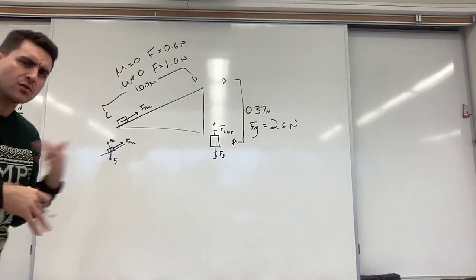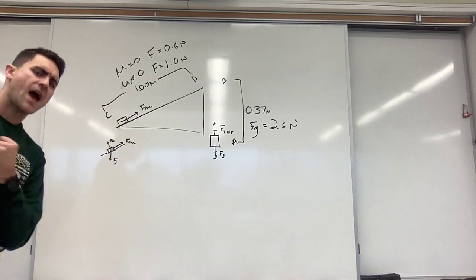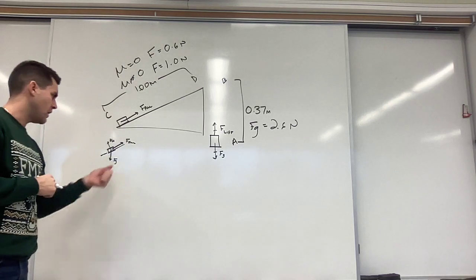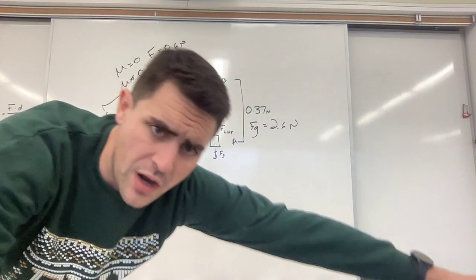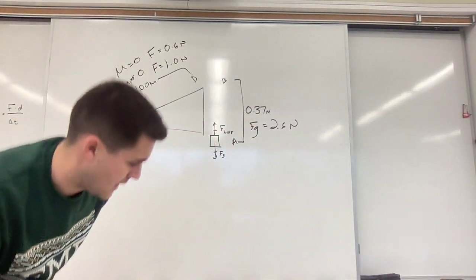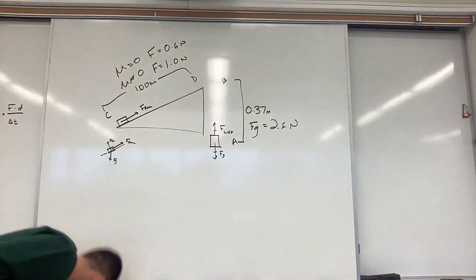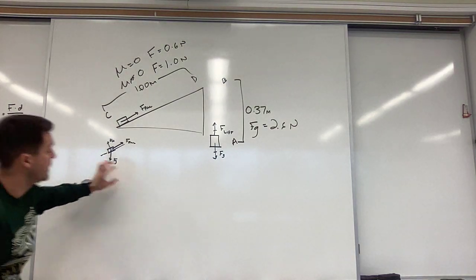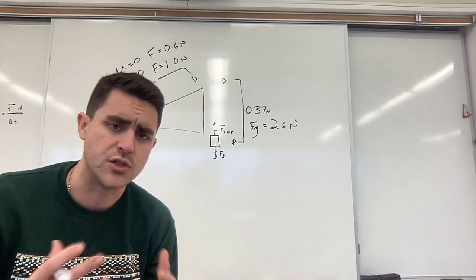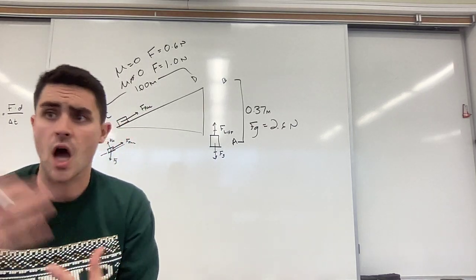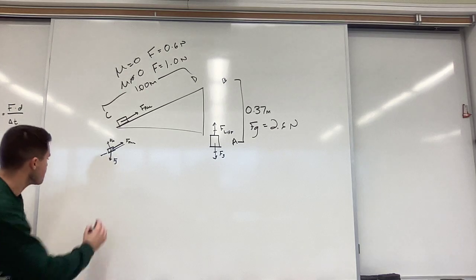So the only force being added to my system as I pull it up the ramp is the force of pull. Obviously there's UG being added to the system. But as I start and end at rest, the only change in energy is UG, and that change in UG is coming from the energy of the pull.